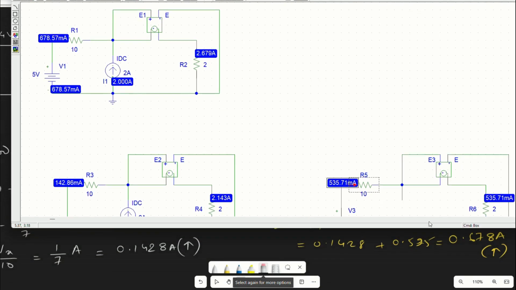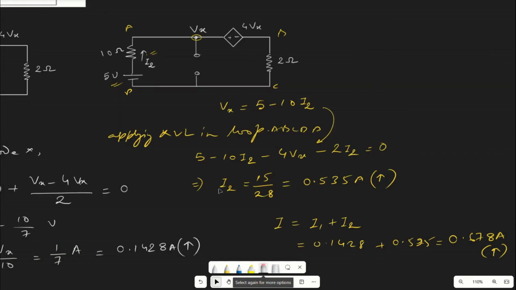So we obtain 0.678, right? So it is verified, whatever we have done is correct. Like this we can solve any numerical containing dependent sources using the superposition theorem. I hope you have learned how to use the superposition theorem for solving dependent sources.